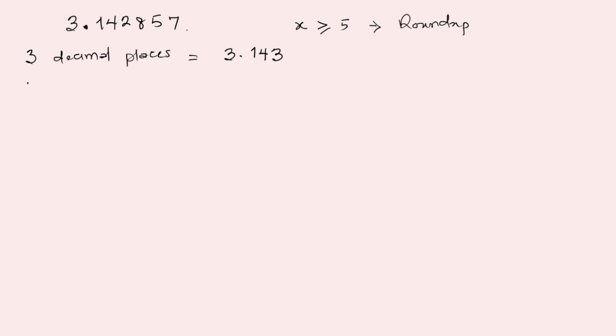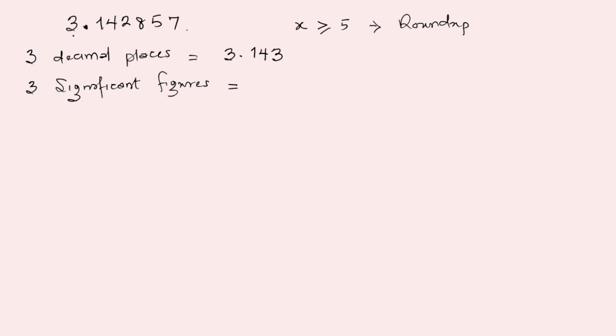But if you were asked to write this to 3 significant figures, what this means is that you count from the first non-zero number in the figure you're trying to round.